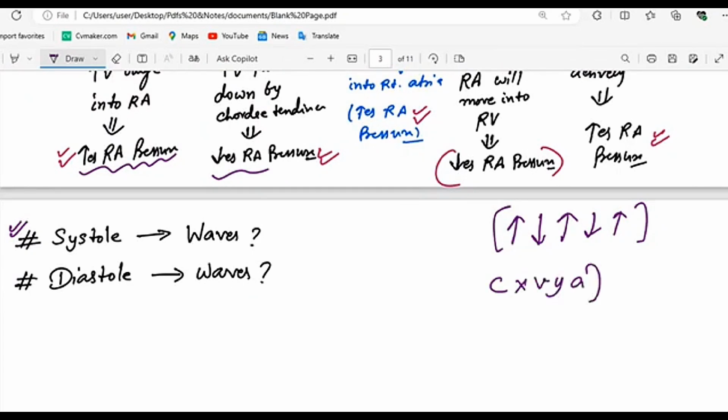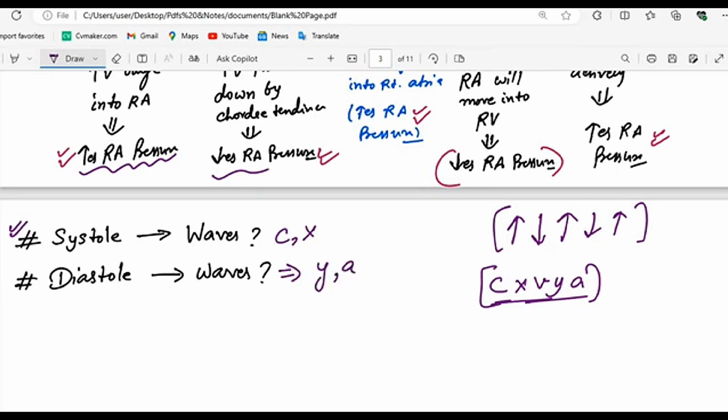After that you can remember CXVYA. In systole, just remember it, repeat it 3 or 4 times, and you will be able to remember this. In systole, which waves will be there? C and X waves. In diastole, which waves will be there?